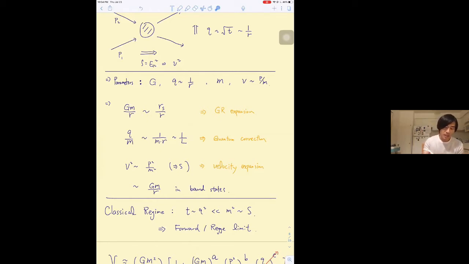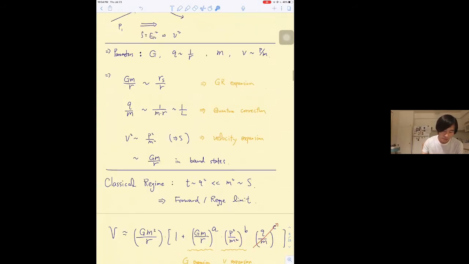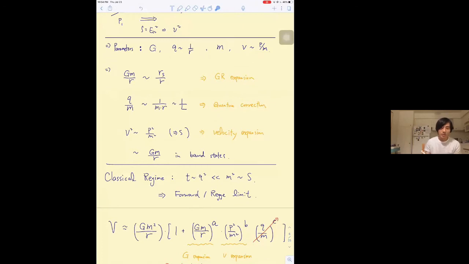So from this analysis, now we can write down the possible expansions for our potential. We have the Newtonian part, and the corrections come in two different ways, either as Gn over r from the G expansion, or the velocity expansion. In principle there could be a third expansion, but this one corresponds to quantum effects, which we are not interested in here.